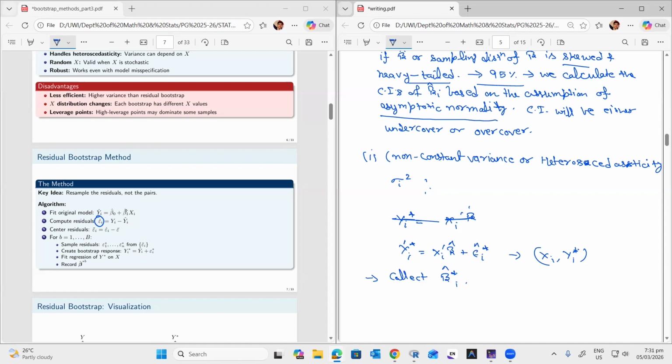So we are assuming here that the error epsilon is not normally distributed with mean 0 and sigma square, but it follows the independence property, and it follows the property of homoscedasticity.